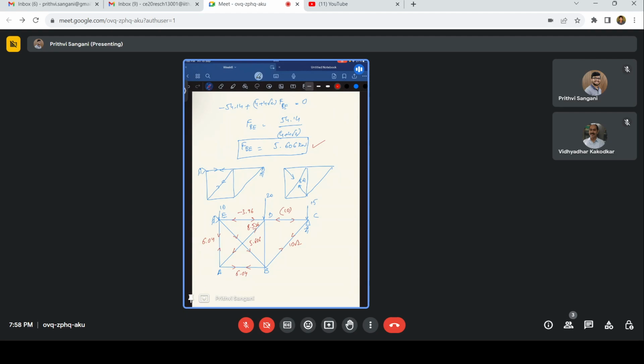Alpha is 11 times 10 to the power minus 6, delta T is 40, Li is 2 root 2, times root 2.